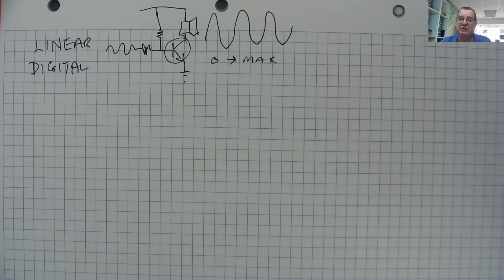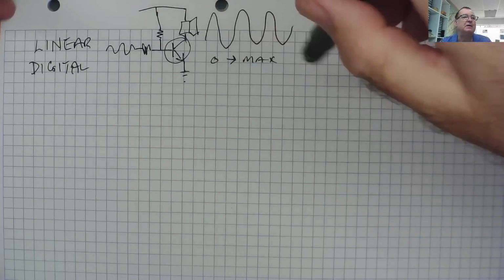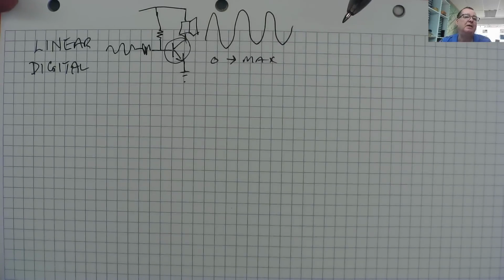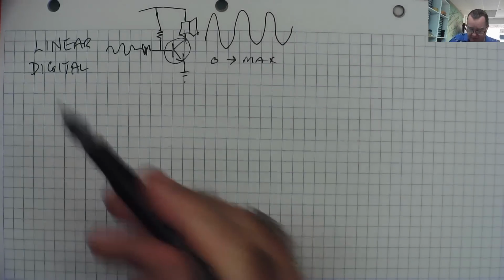Whether it's a resistor, a capacitor, an inductor, whether it's a diode, a transistor, a MOSFET, or anything else made up of those building blocks, they are linear devices. But they can be configured to work in a way which is basically digital. So what's digital?